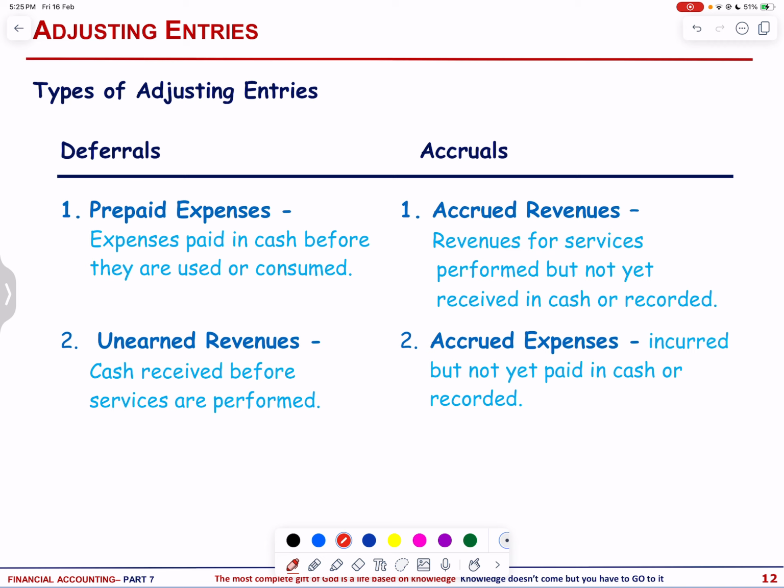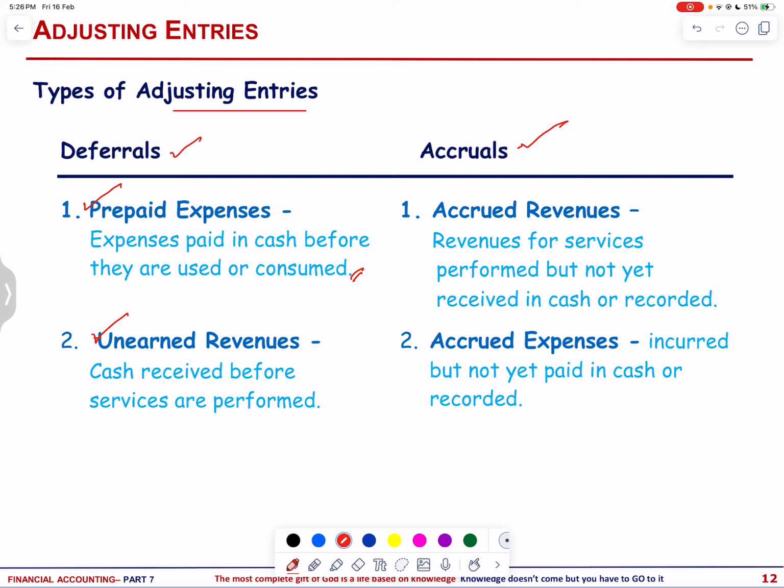Adjusting entries are of two types: deferrals and accruals. Deferrals again can be of two types: prepaid expense and unearned revenue. Prepaid expenses are the expenses paid in advance before they are utilized.